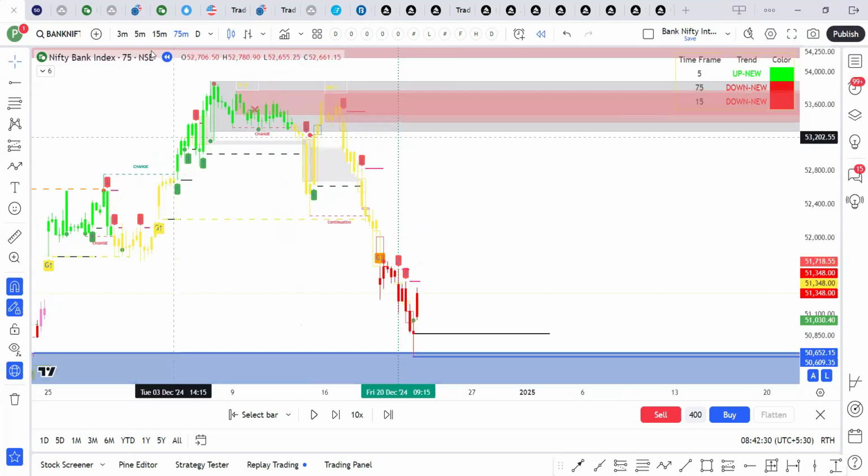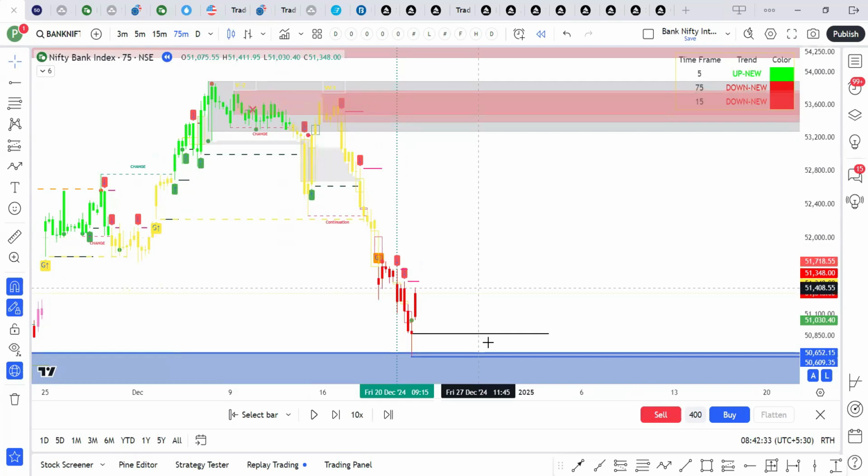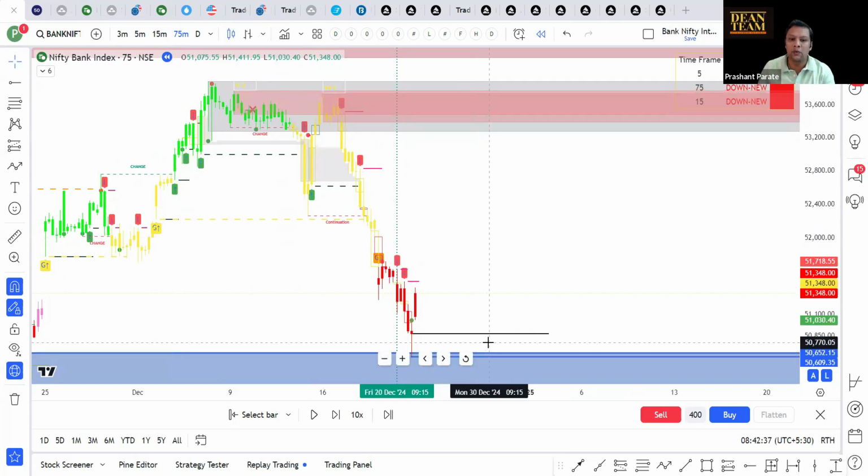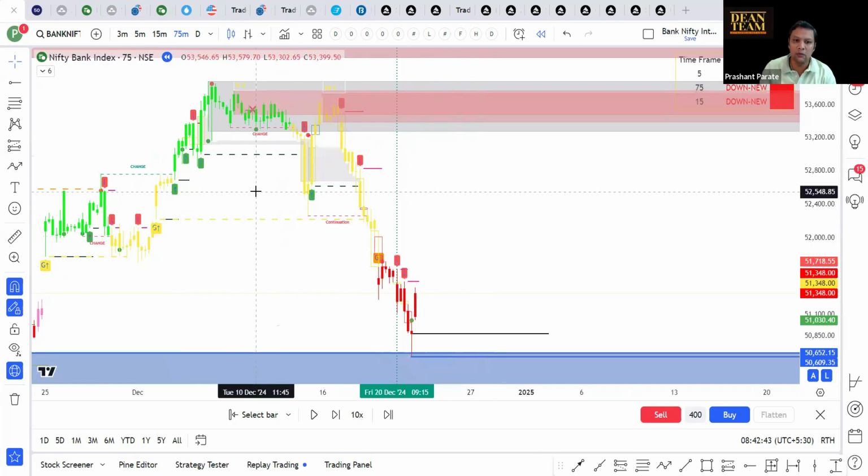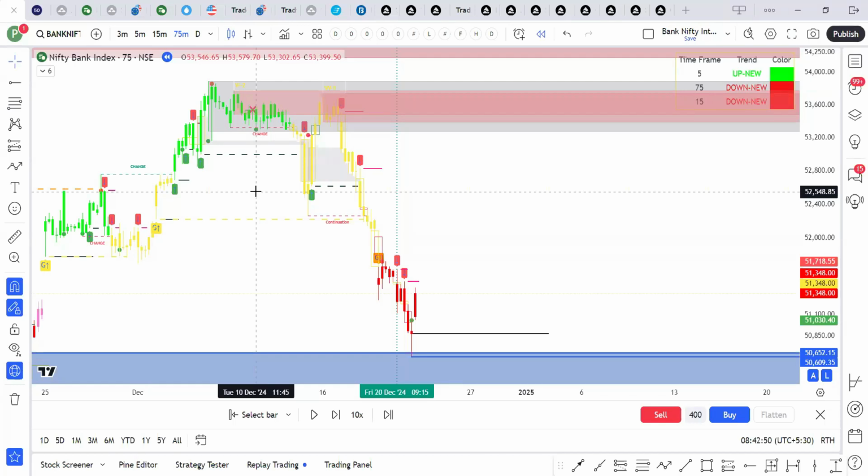Now, where do we find the earliest sign of reversal? We don't need the earliest sign of reversal. What we need is a trade which has better conviction. The earliest sign of reversal will be on the 1 minute, but what is the use of that if it is going to stay only for a shorter duration?